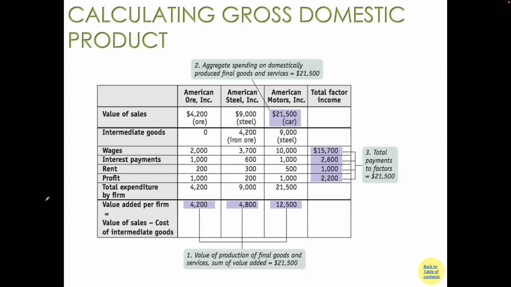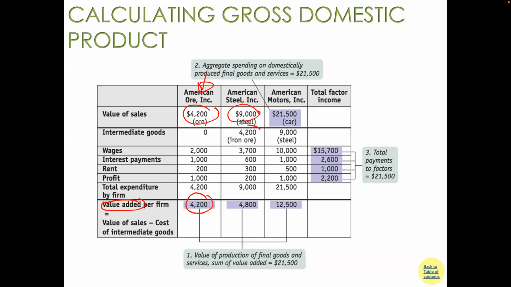The last one, we just look at firms' production. But now remember, we need to look at value added. Let's go one by one. This firm, 4,200, that's the sale. Did they use any intermediate goods? No. And this is the value added. Second firm, 9,000, this is a sale, the value of their goods.